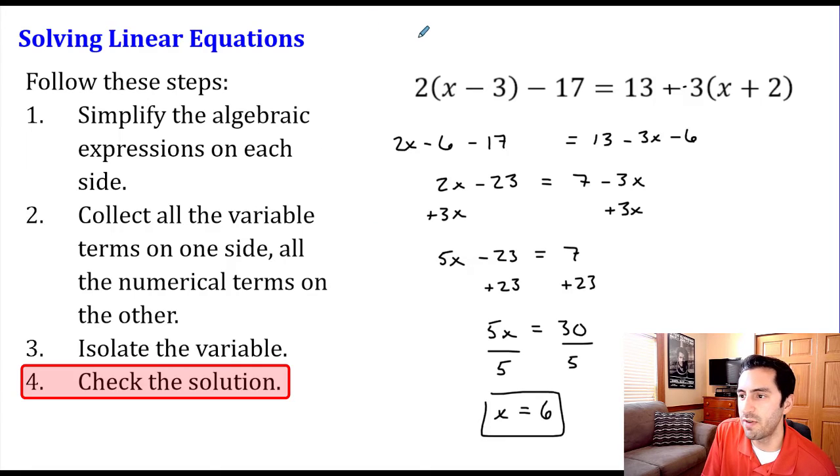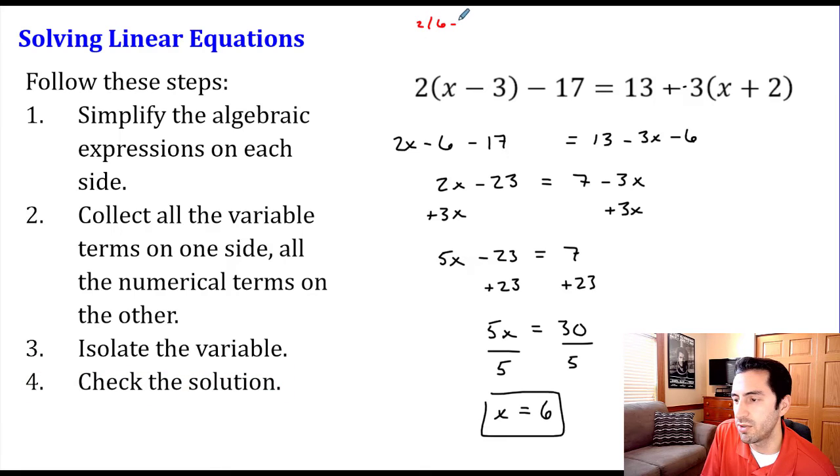So just up above, I'm going to write this out. And really quickly, let's check to see if we're right. So instead of x, I'll substitute in my 6. And hopefully we end up with the same thing on both sides of the equal sign. So 13 and then minus 3 times 6 plus 2. So what do we have?